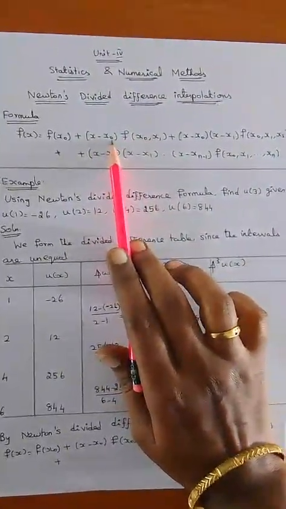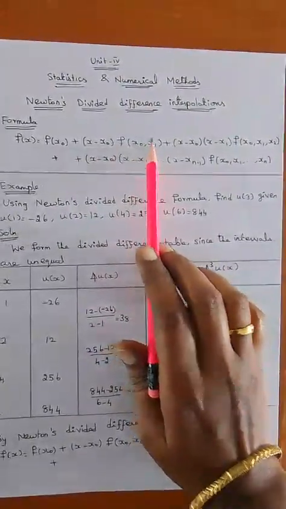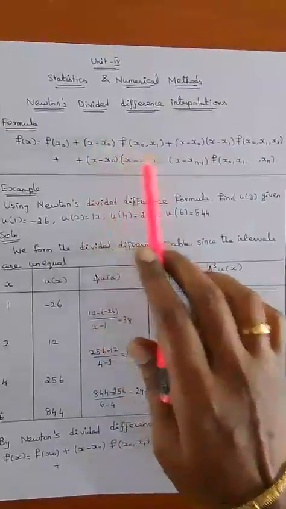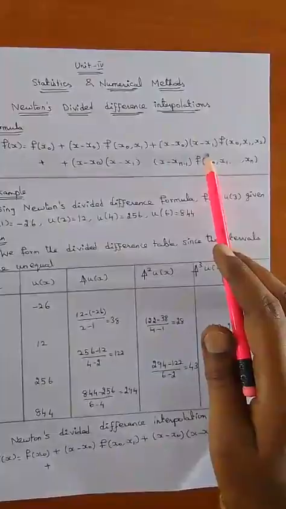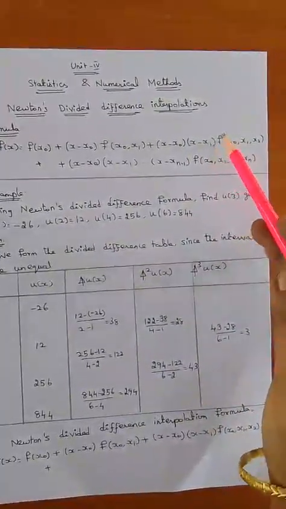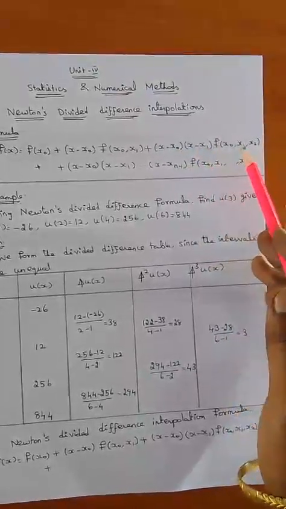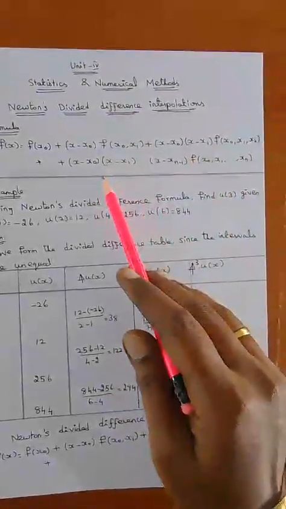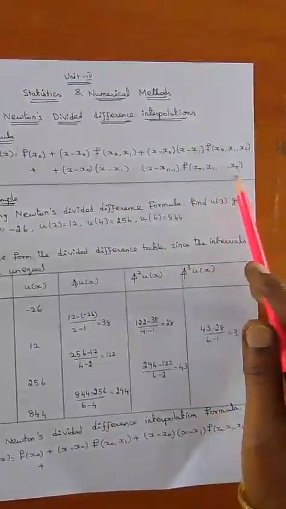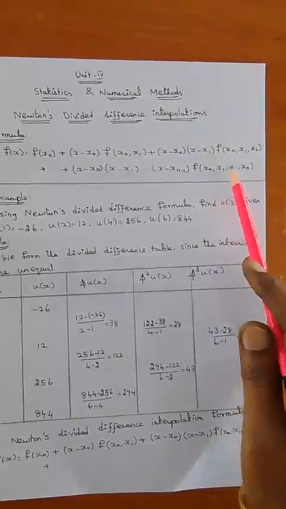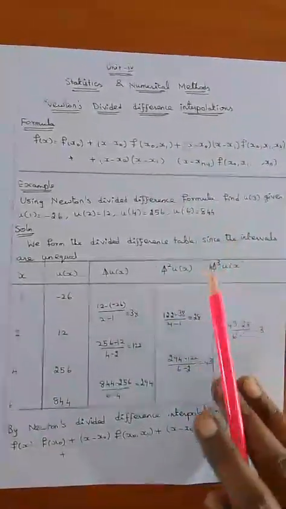Since this term ends with x naught, the f term should contain x naught and x1. The next term is x minus x naught times x minus x1, and since we end with x1, the f term should contain x naught, x1 and x2. Similarly, up to xn minus 1, the f term should contain x naught, x1, up to xn. This is the formula for Newton's divided difference interpolation.